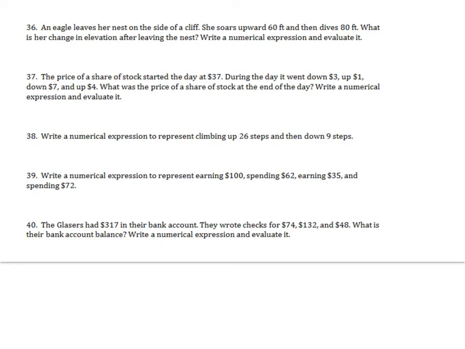Okay, here are some word problems with positive and negative numbers. An eagle, so here's a bird, leaves her nest on a side of a cliff. She soars upward 60 feet, so she goes straight up, and then dives 80 feet.